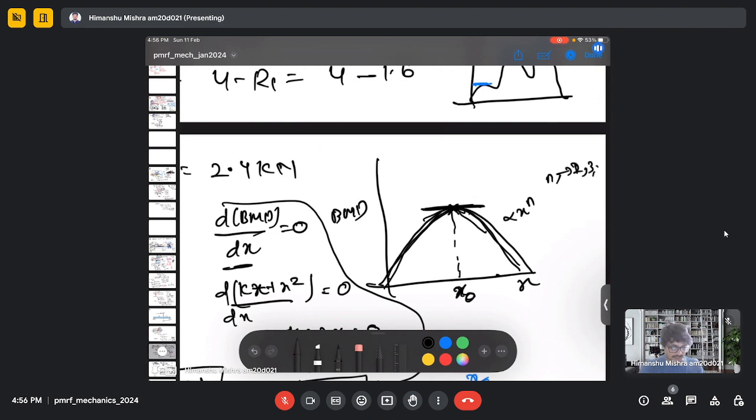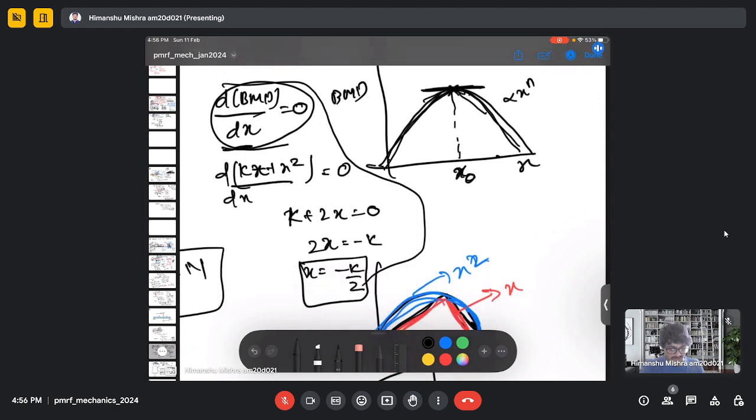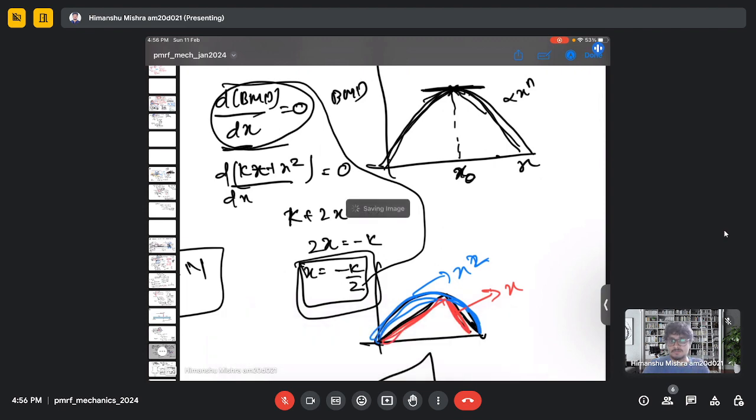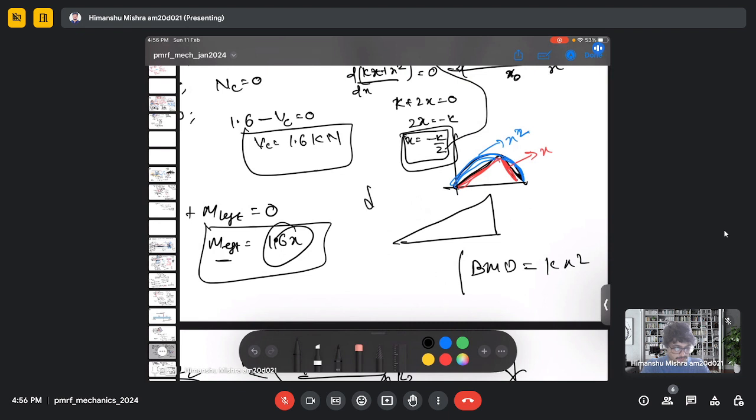In that case, you can actually find the location by just calculating the slope or just differentiating the bending moment equation in x, and then calculate the x where it is 0, and that will be the location for the maximum bending moment. If you have only a point load, the best practice is to calculate the bending moment at each point near each load and to check where you have a higher bending moment.